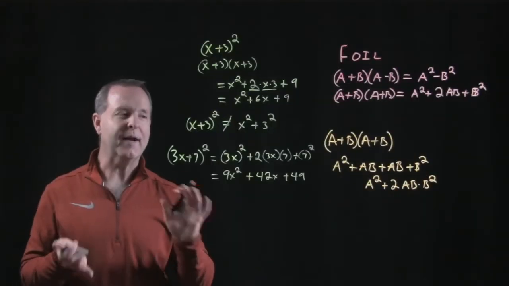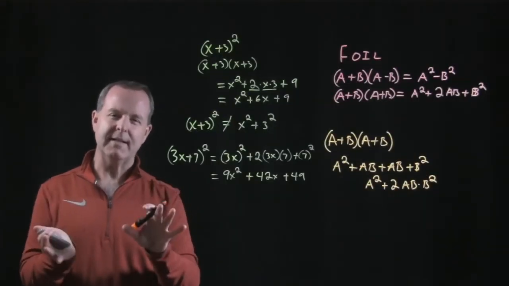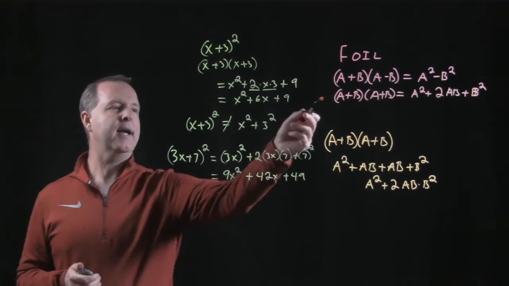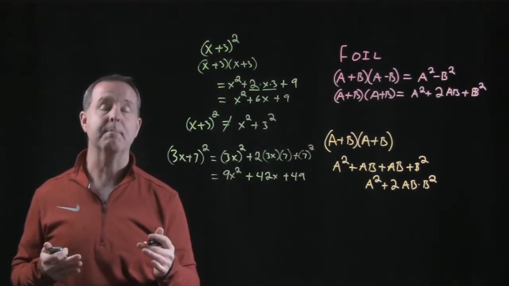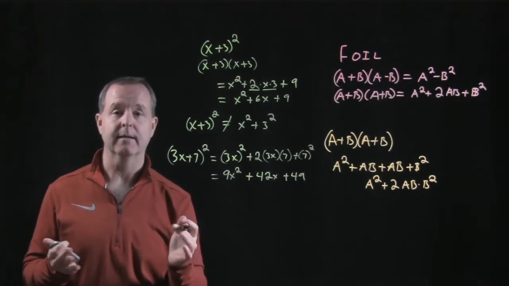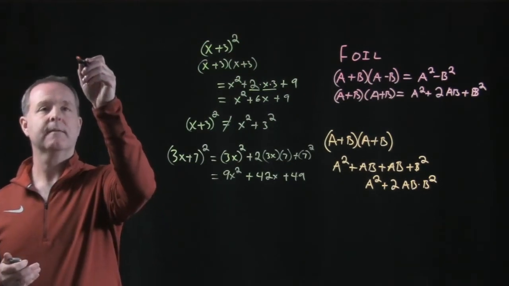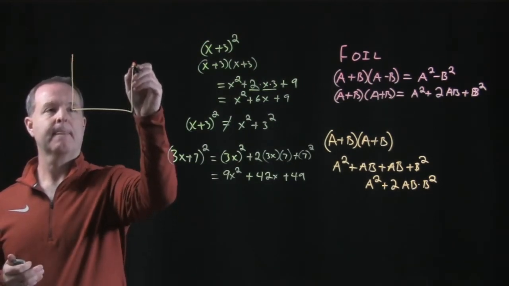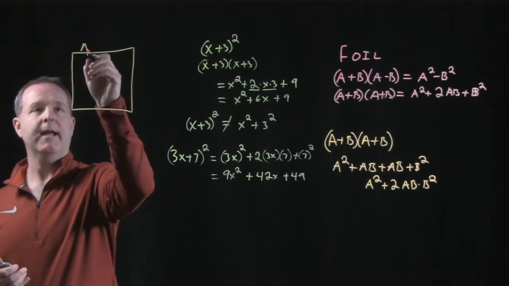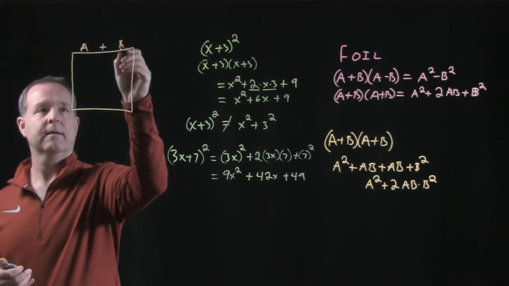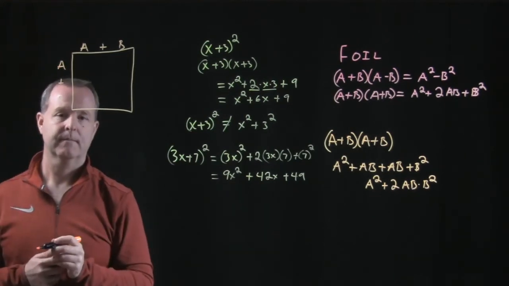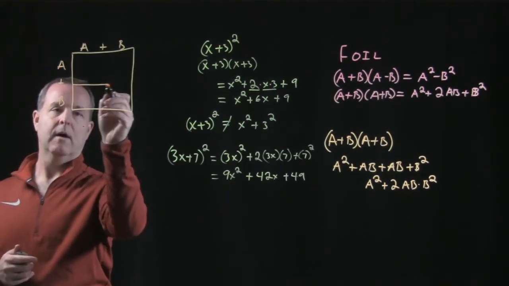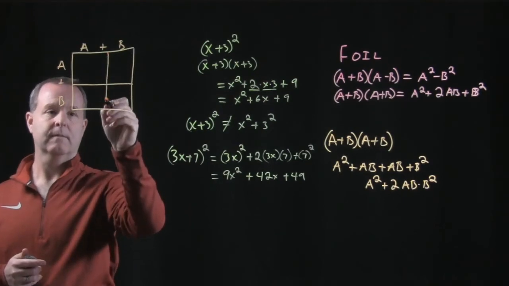And this also might be a great time to remember again what's happening here when we multiply an A plus B times an A plus B. So let's look at that geometrically, or visually. Remember that we can write this as an A plus B times an A plus B. I'm going to divide this out.